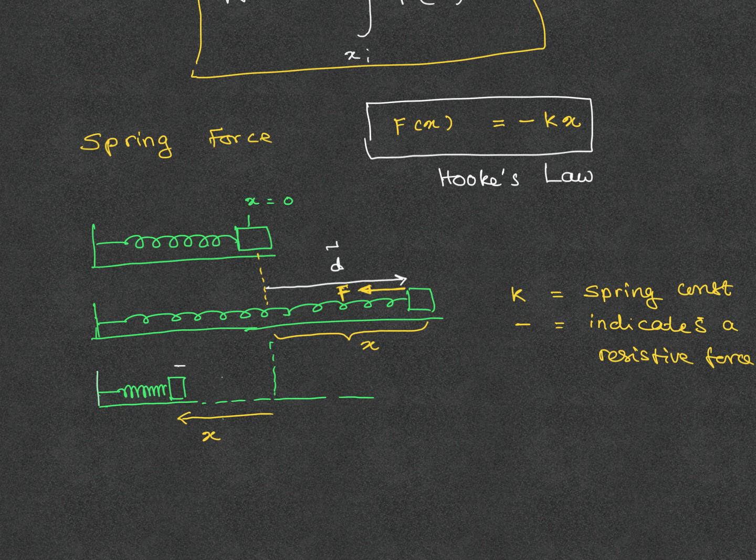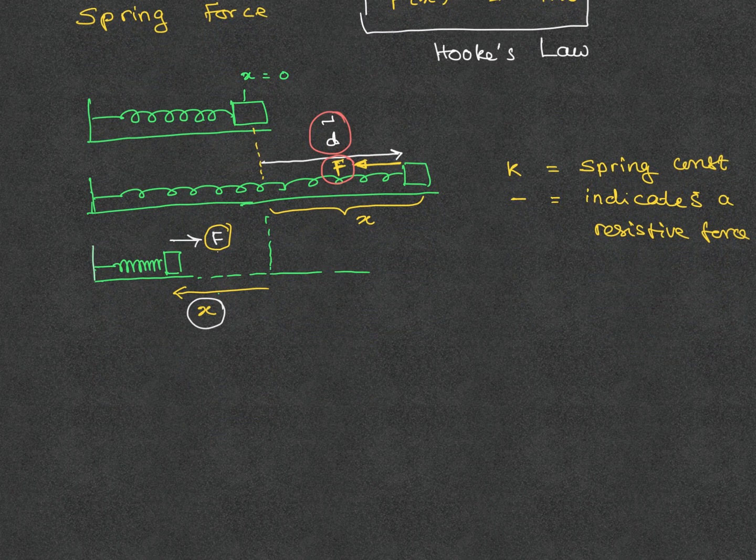As you compress the spring, the block experiences a force F in the opposite direction. So the compression happens in the leftward direction, but the force is pointed in the rightward direction, and this is what is called a resistive force. I hope you understand what is meant by the resistive force at this point. For the expansion to the right, the force is experienced in the opposite direction.